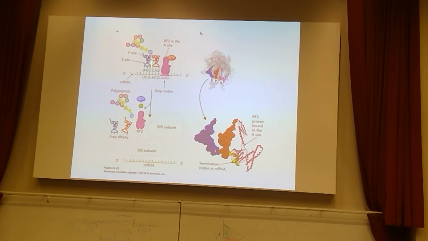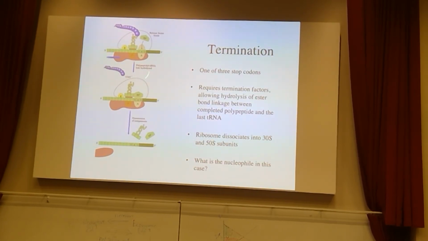And this just shows another representation of the release factor at the A site that permits water to come in and perform that hydrolysis reaction, liberating the polypeptide. And again, this is the way we used to think about it.